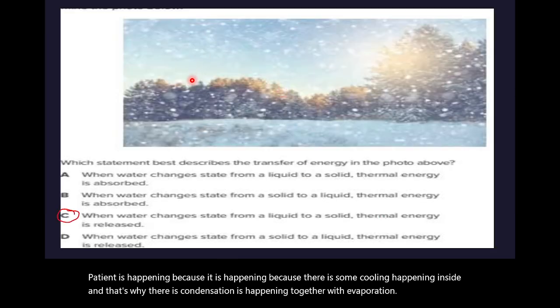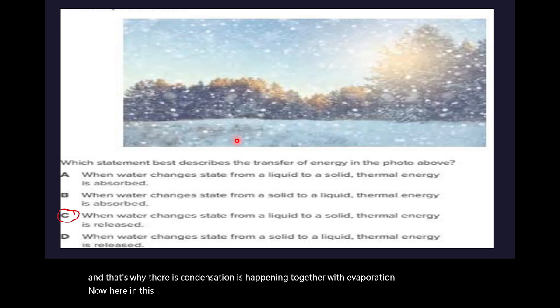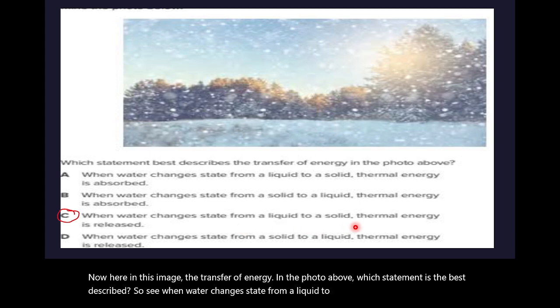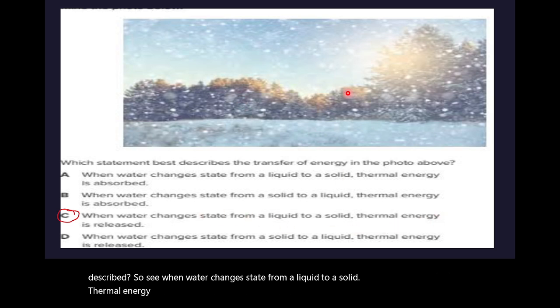Now here in this image, about the transfer of energy in the photo above, which statement is best described? So see, when water changes state from a liquid to a solid, thermal energy is released. In this image you can see there is ice formation.